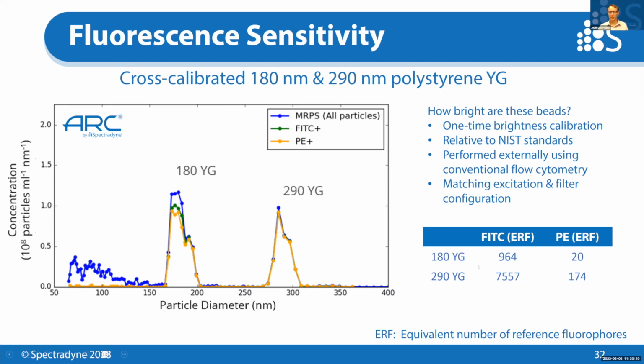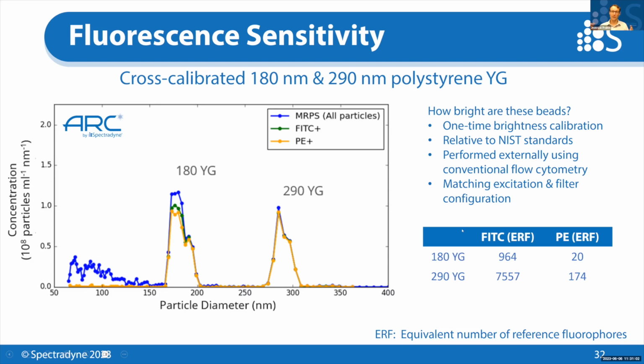What these collaborators found was that in the Phe channel, the 180 YGs were as bright as 964 free-floating molecules of Phe, and in PE, they were as bright as 20 free-floating molecules of PE in solution. The 290 YG beads were brighter.